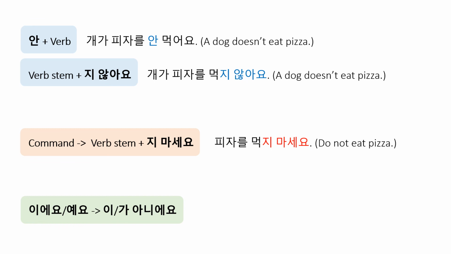이에요, 예요 means be. Am, are, is. For example, 개는 사람이에요 means a dog is a human. To make a negative sentence for an 이에요, 예요 sentence, replace 이에요, 예요 with 이 아니에요 or 가 아니에요. After a consonant, use 이 아니에요.